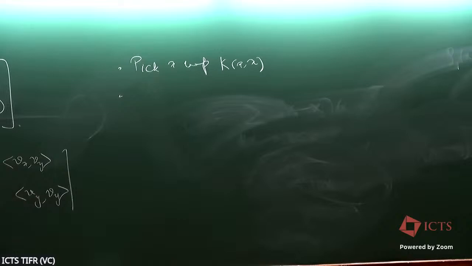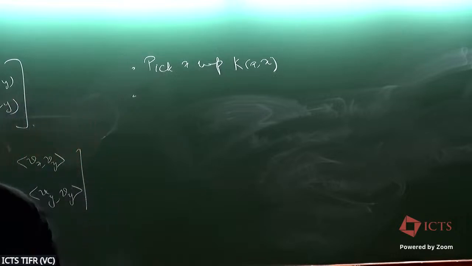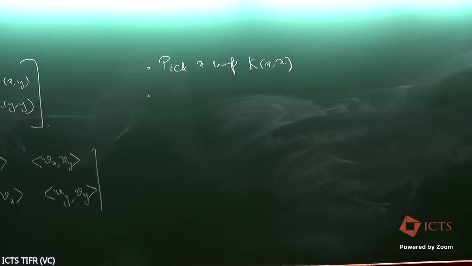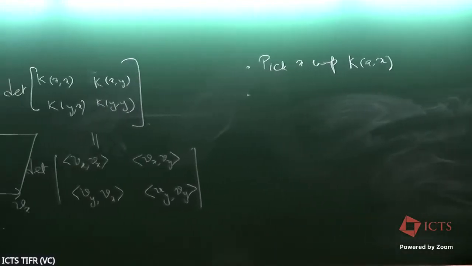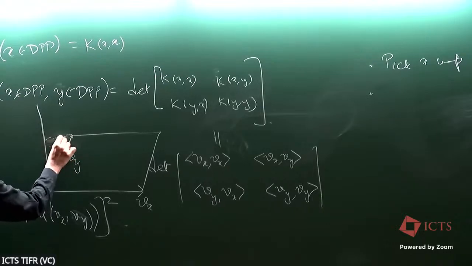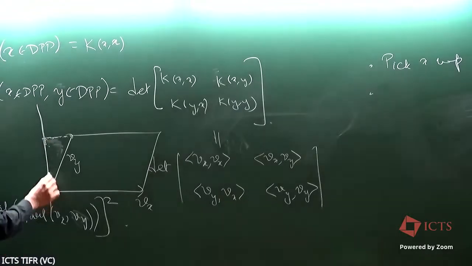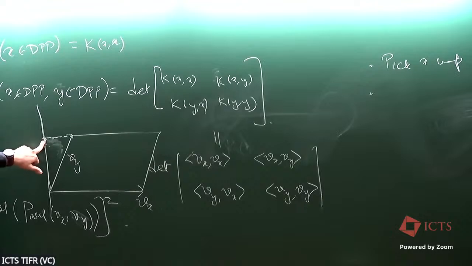But here it's not independent, it is entangled. To unpack that entanglement, we will drop the perpendicular and look at the projection of Vy onto the orthogonal complement of Vx. Let's call this Vy perp.